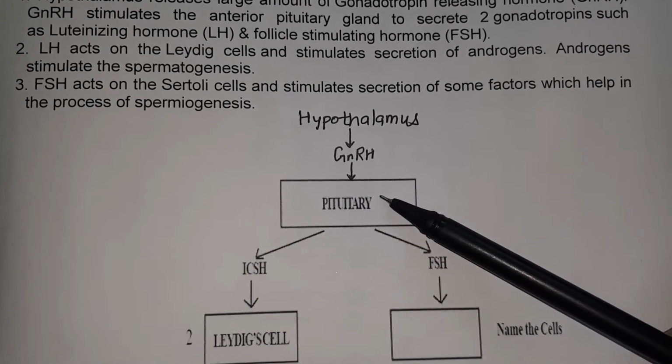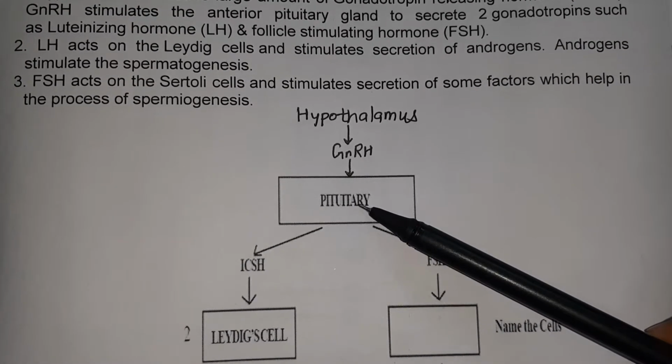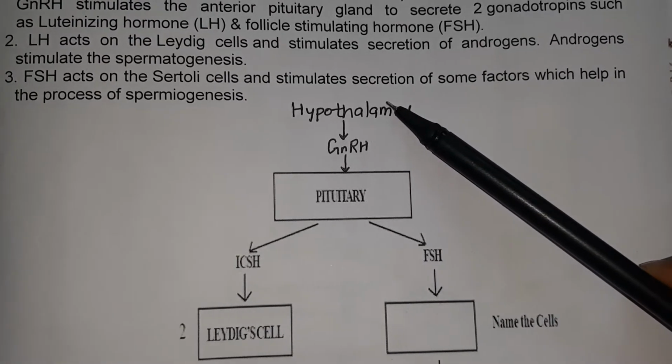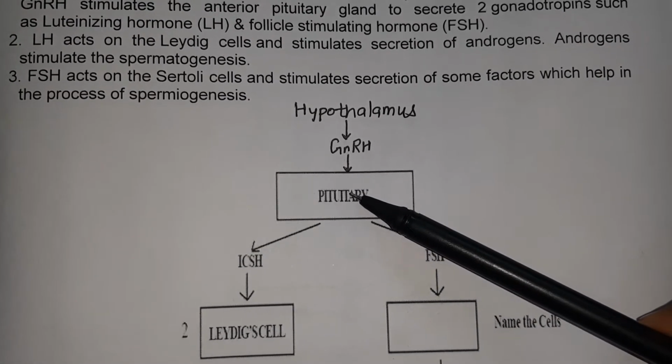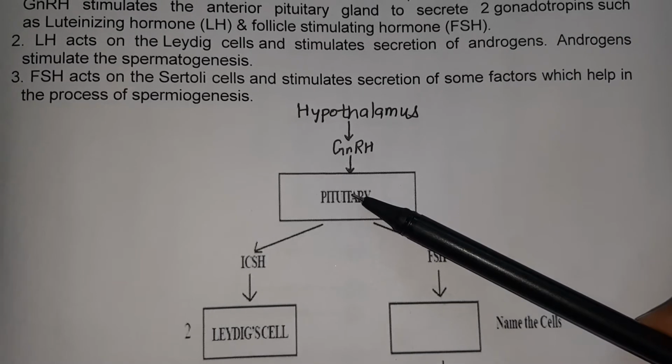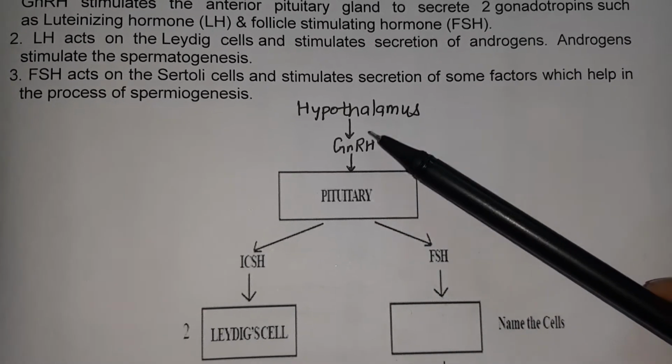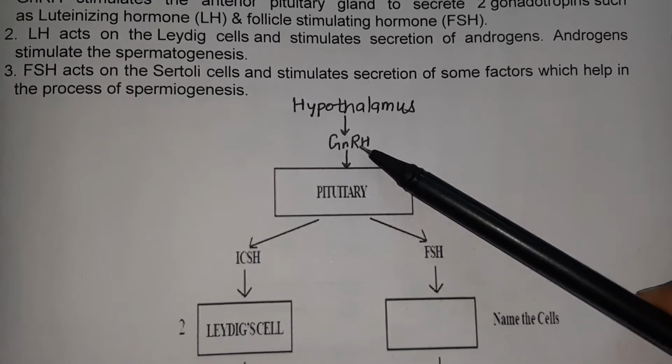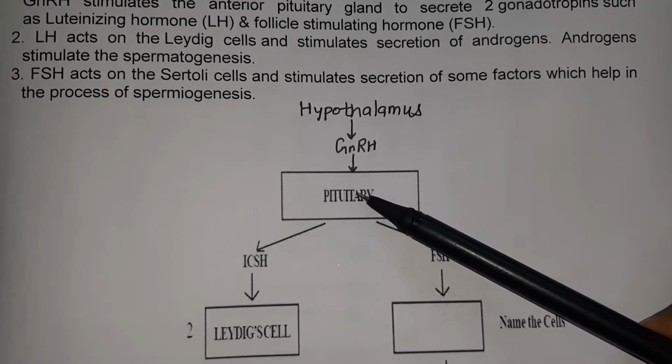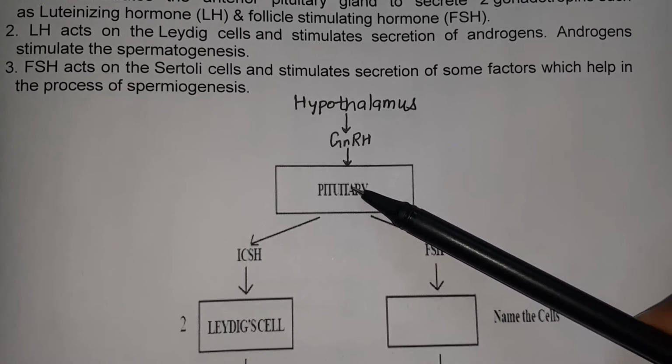The pituitary gland is considered the master gland, but to control the pituitary gland there is the hypothalamus. Hypothalamus and pituitary are located in the brain. So the hypothalamus releases gonadotropin releasing hormone which acts on the adenohypophysis or the anterior pituitary lobe.